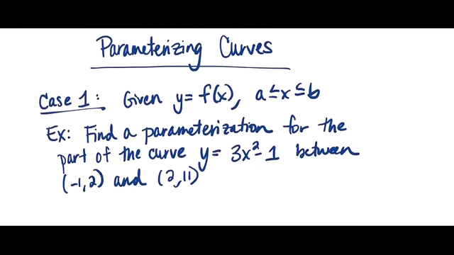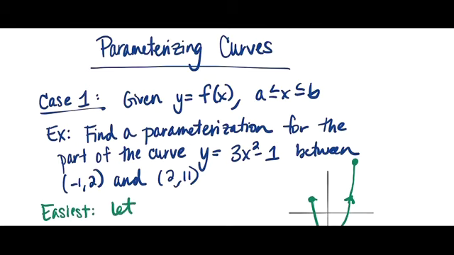So let's do an example. Given this function, y is equal to 3x squared minus 1, let's find a parameterization between these points. Now, this is a curve we can sketch, so it'll look roughly like this. And I get to pick which direction I would like this parameterization to go. What's easiest when you're given a function like this is to just let your independent variable be t.